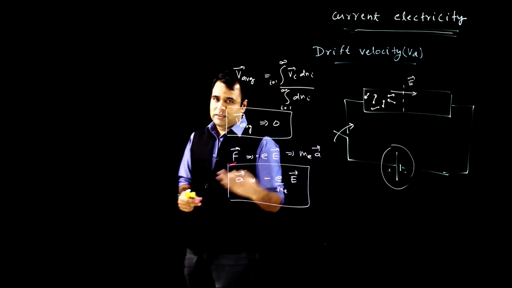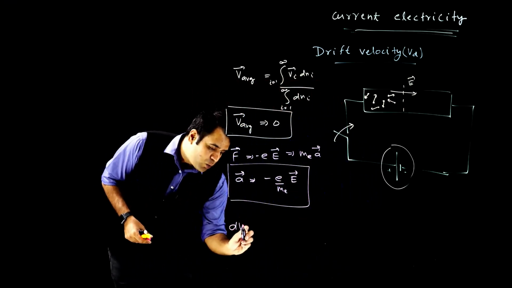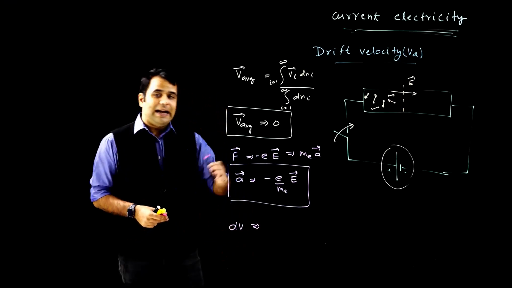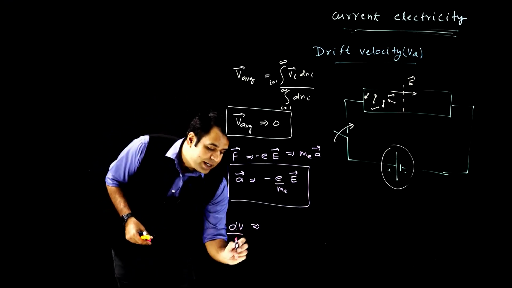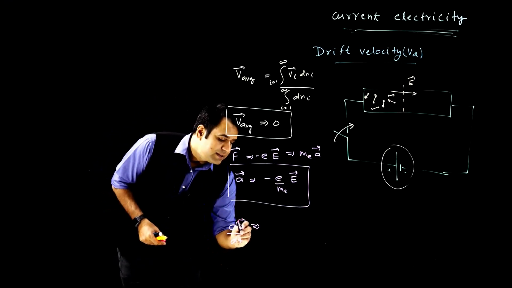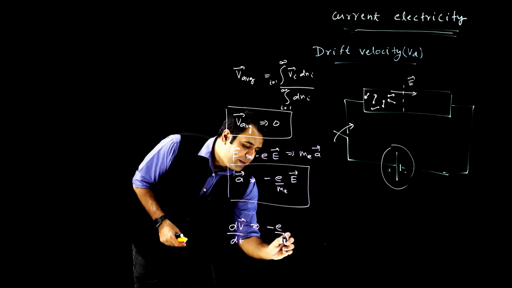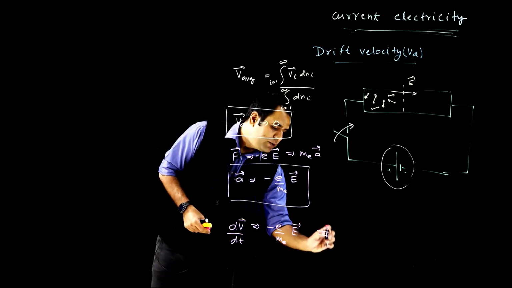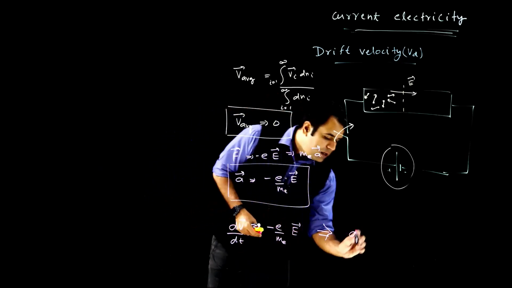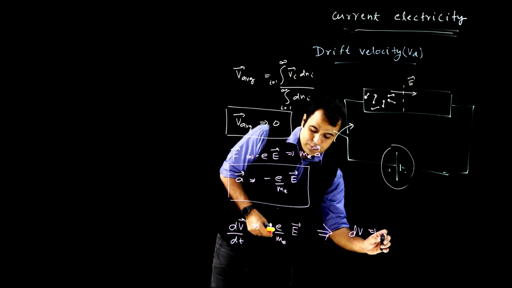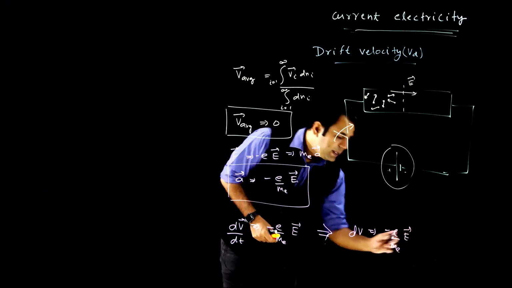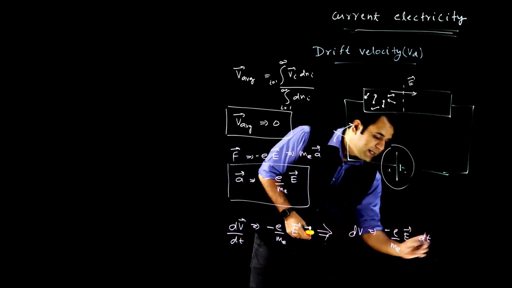Now, due to that acceleration, we want to calculate their velocities, or the change in velocity. We know that acceleration can be written as dv by dt, so dv by dt equals minus eE by me, which leads to dv equals minus eE by me dt.